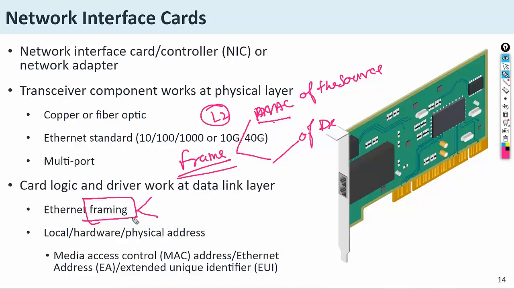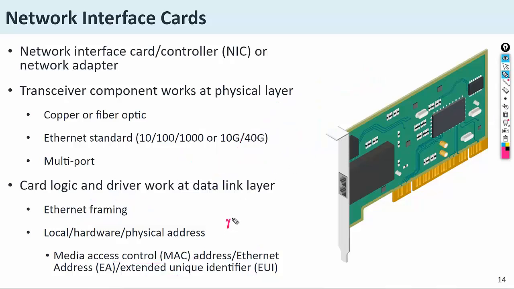It is called Ethernet framing. There is the possibility of adding the media access control (MAC) addresses, also called Ethernet addresses. Sometimes it is known as EUI, extended unique identifier, because as we have discussed, a MAC address is a unique address in the world.